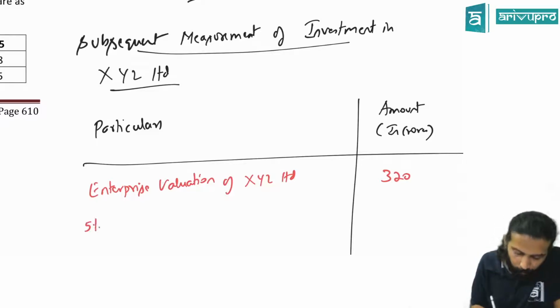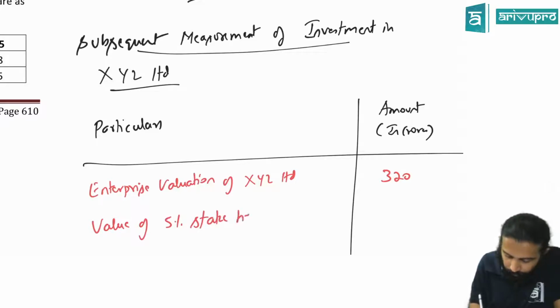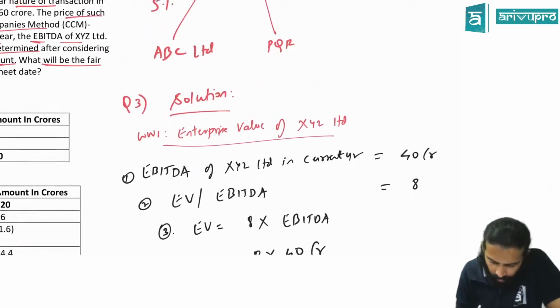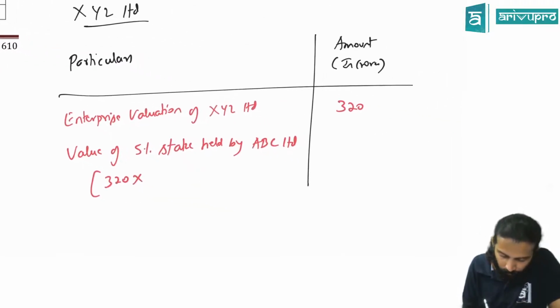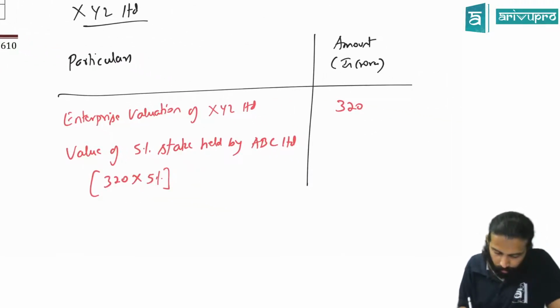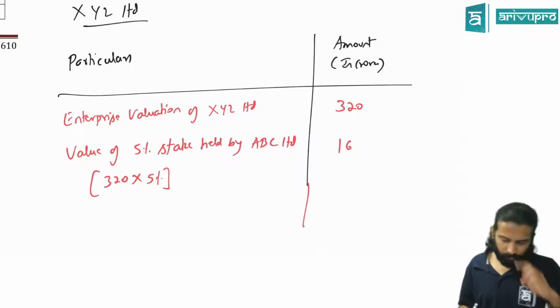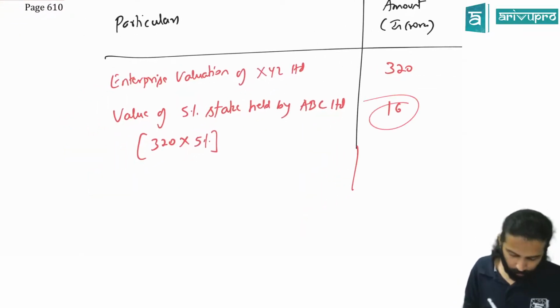So, value of 5% stake held by ABC Limited. 320 crore is the total value for 100%. For 5%, how much? So 16 crore. Can we take 16 crore as the value?